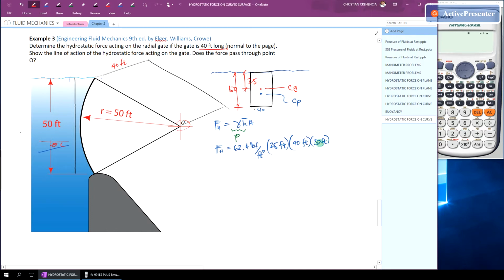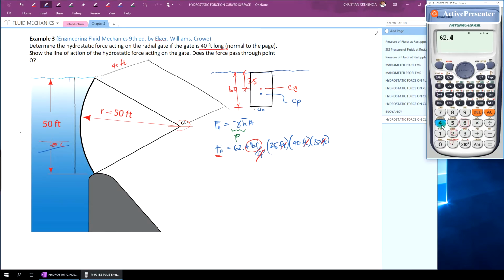So cubic foot divided by cubic foot, so we can cancel those units. So may natira na lang is yung pound force. So of course yun din yung in-expect natin unit since we're looking for hydrostatic force. Okay, so let's solve this.